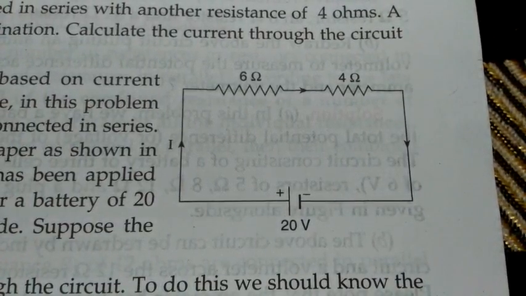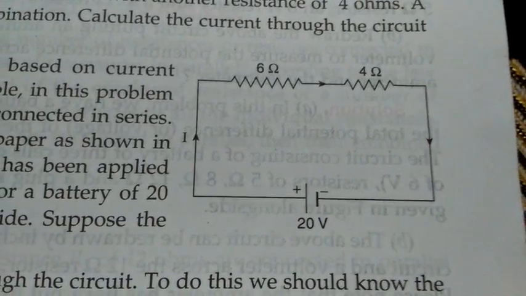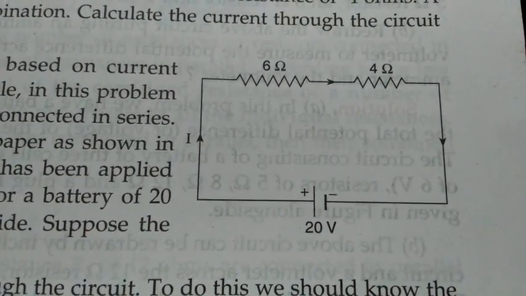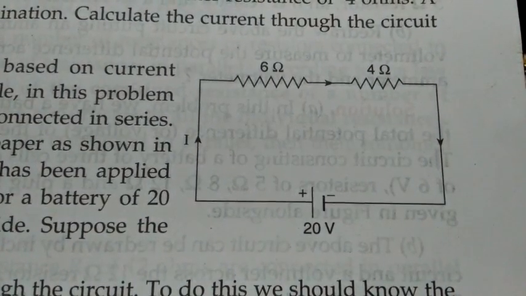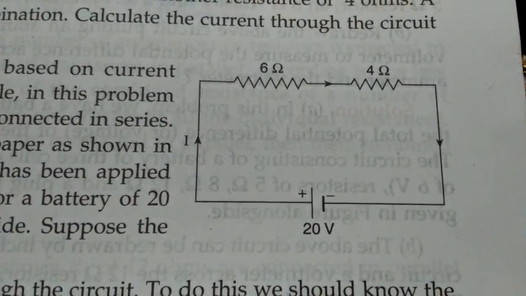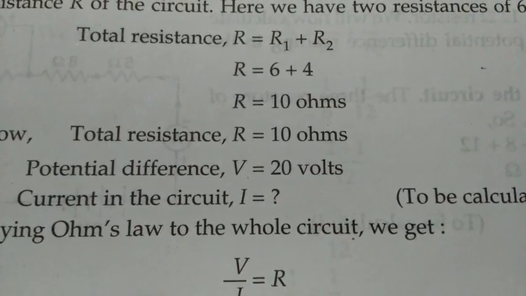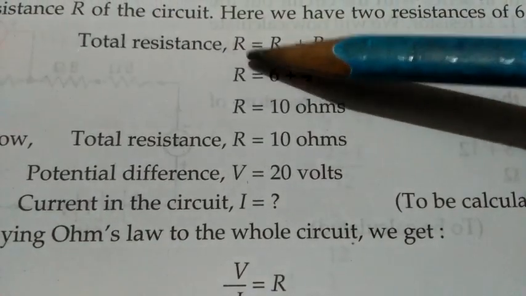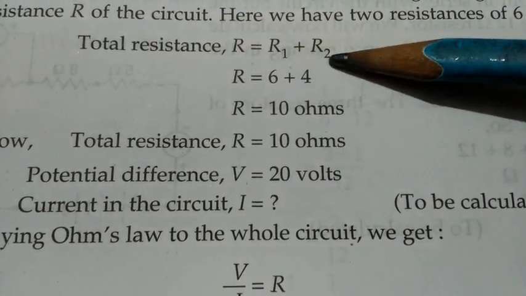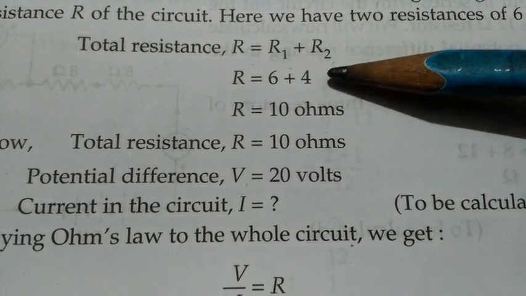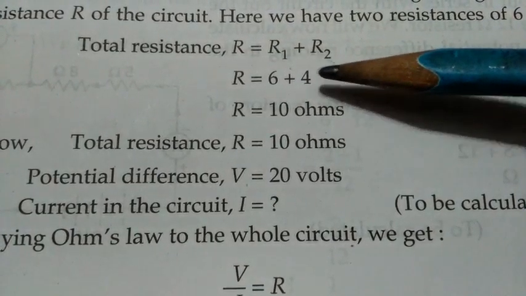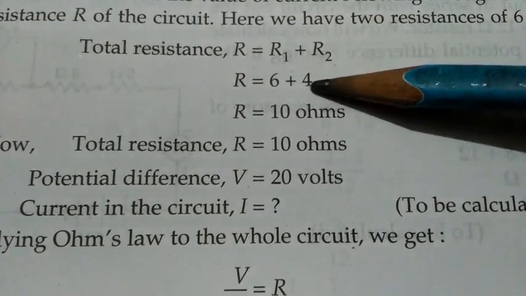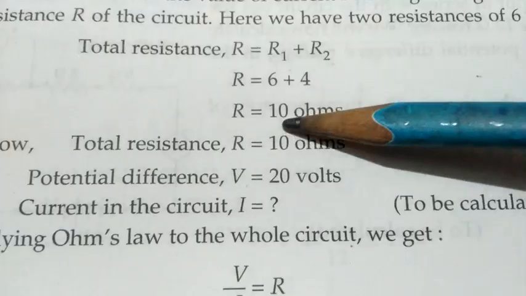In series combination of resistances, what is the total resistance of the circuit? It is the algebraic sum of individual resistances. So to find the total resistance R, we simply write R1 plus R2. In our circuit, two resistances are connected, 6 ohm and 4 ohm. So R1 is 6 ohm, R2 is 4 ohm, and 6 plus 4 is 10 ohm.